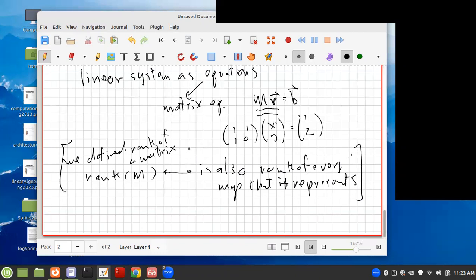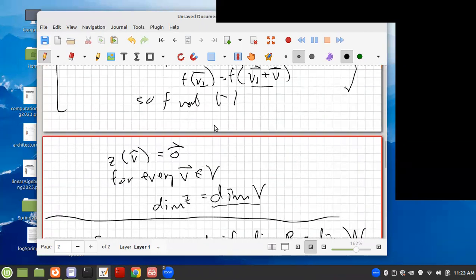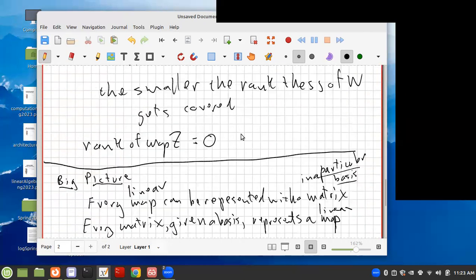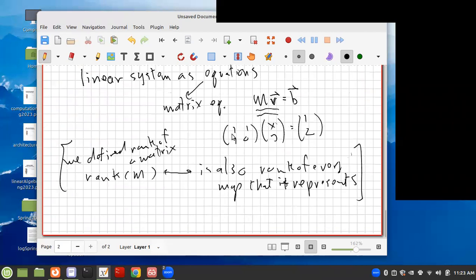This is the big picture, that everything's going to work out so that if we wanted to answer some of these questions about the matrix, like finding the range space and null space and bases, it's going to be easier in some ways to find the matrix for a map and then just ask, what's the rank? Because the rank is the number of non-zero rows of the matrix after you put it into echelon form.